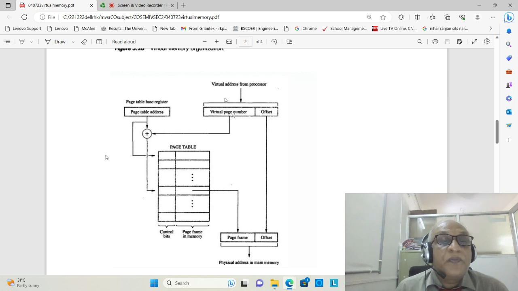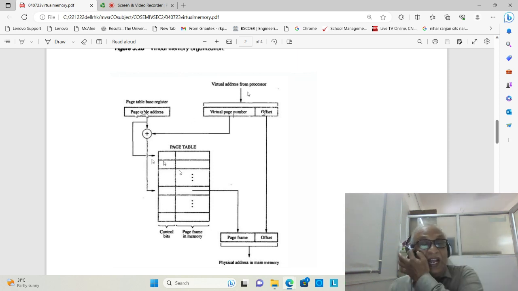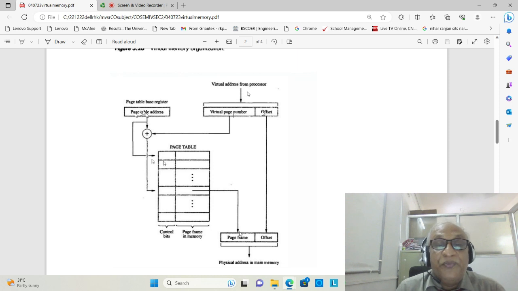The page table base register consists of the first address of the page table. From that you can add the offset, look up the particular page which you require using the page table, and that can be converted into a page frame.